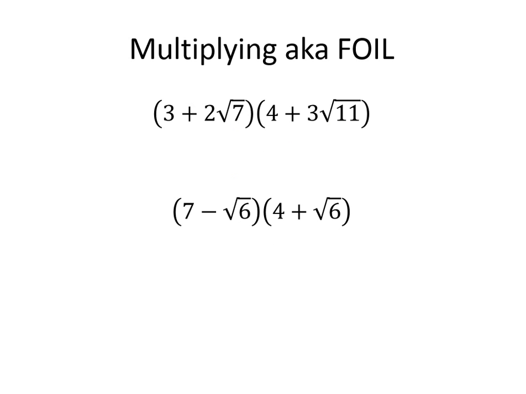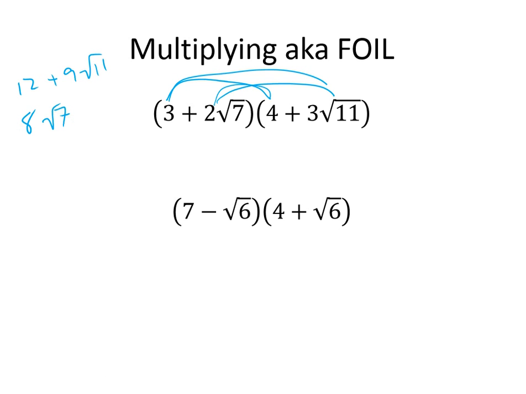Now multiplying. Whenever you have two groups being multiplied, you're going to FOIL: first, outer, inner, last. Here, first, 3 times 4, 12. Outer, 3 times 3 root 11, that would be 9 root 11. Inner, 2 root 7 times 4, which would be 8 root 7.